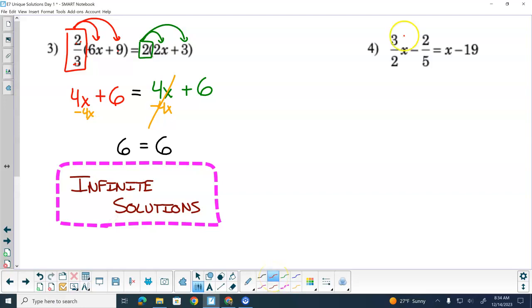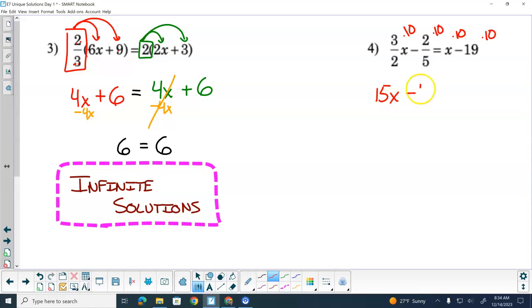In this one, I'm going to multiply by 10 in all 4 spots. If I multiply 3 times 10, that gets me 30. Divided by 2 is 15. That's 15x. 2 times 10 is 20.